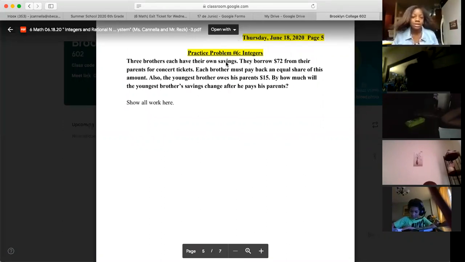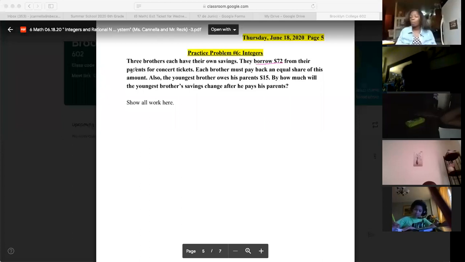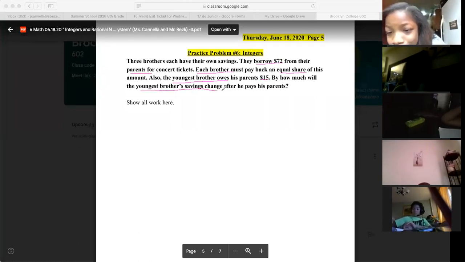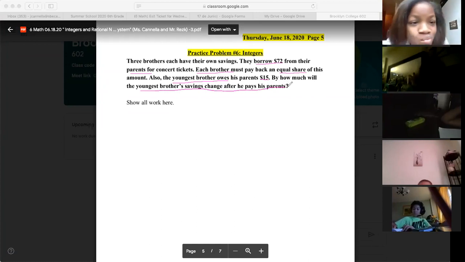They borrow $72 from their parents for concert tickets. Each brother must pay back an equal share of this amount. So underline that. Also, the youngest brother owes his parents $15. So by how much will the youngest brother's savings change after he pays his parents?